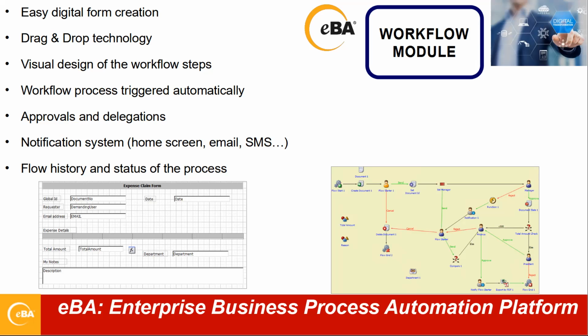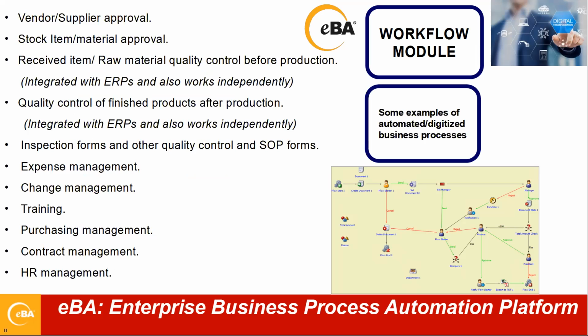There is a flow history, an audit trail in a way. So it shows how the business process is actually running, who has reviewed it, who has approved it. We can see all these in this audit trail, in this flow history. There are many different business processes that have been digitized and automated on the platform.